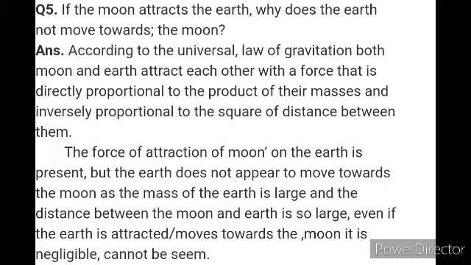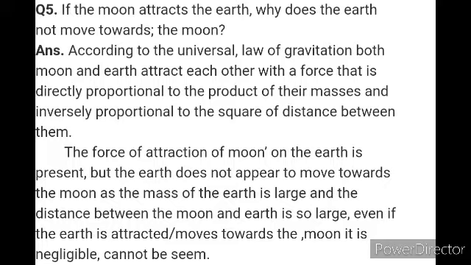So the reason is that according to the universal law of gravitation, both the moon and the earth attract each other with a force that is directly proportional to the product of their masses and inversely proportional to the square of the distance between them. This is what we all know, the universal law of gravitation. Now, the force of attraction of the moon on the earth is present, but the earth does not appear to move towards the moon.